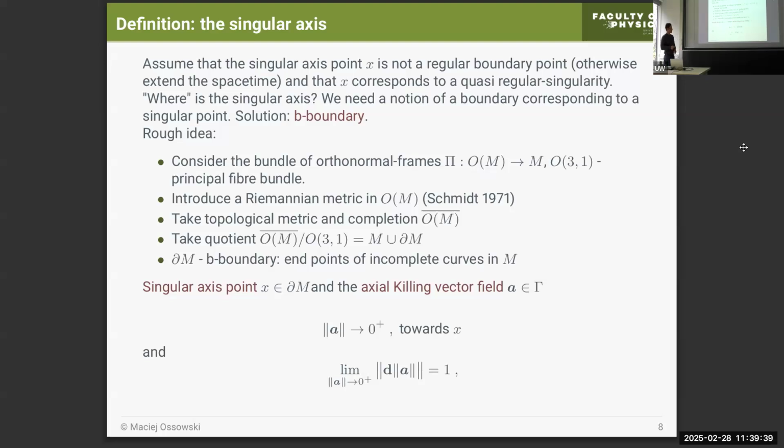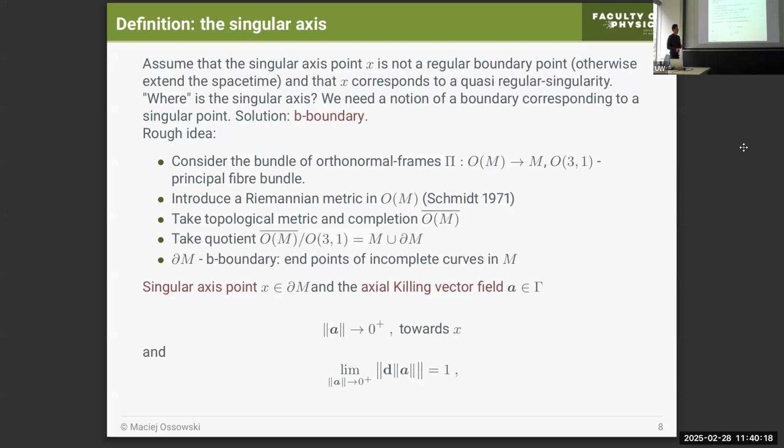So we say that if some Killing vector field from gamma has a norm that vanishes towards some singular axis point from the B boundary, and this condition is based on the elementary flatness condition, if this is satisfied, then we call such a point a singular axis point, and such a Killing vector field we call the axial.